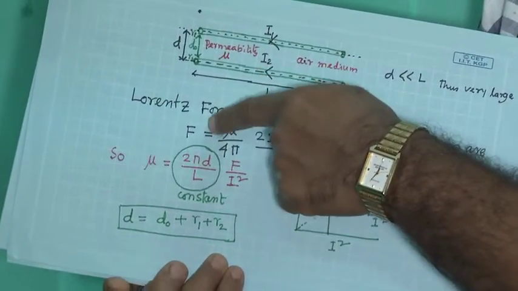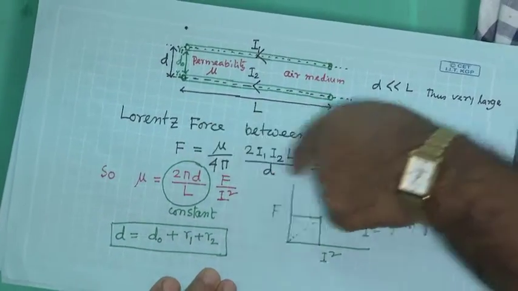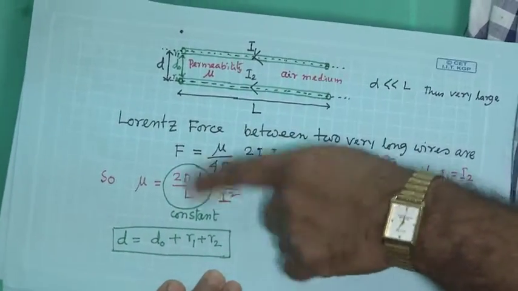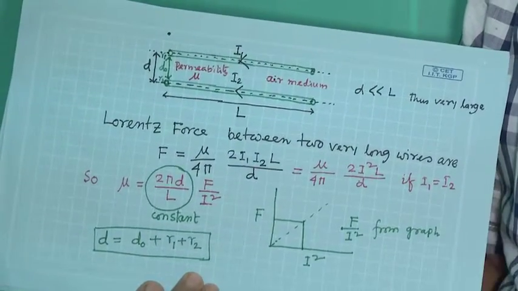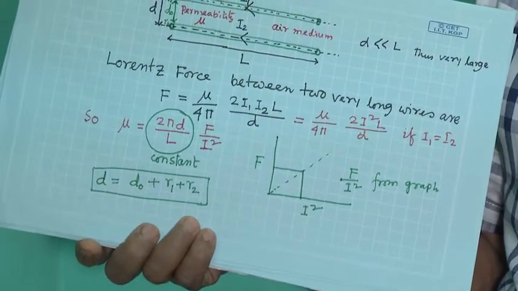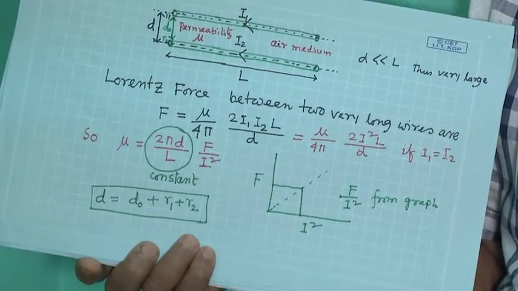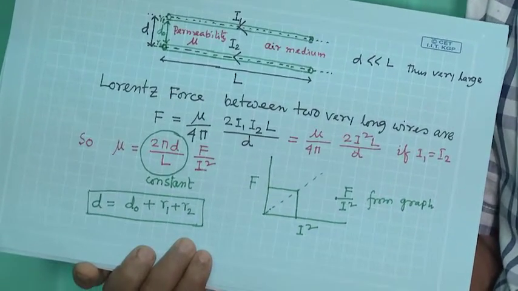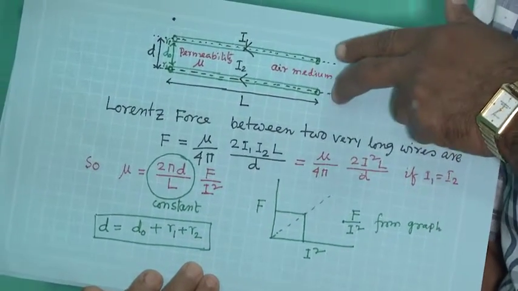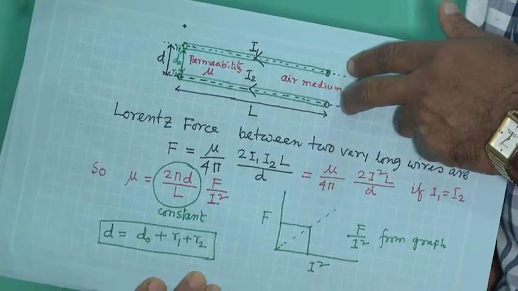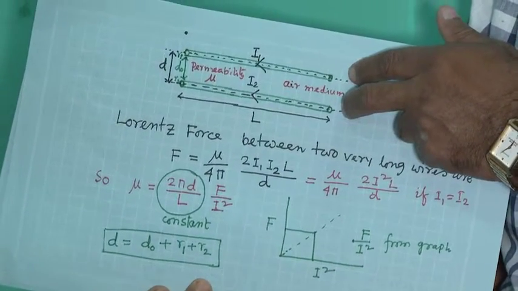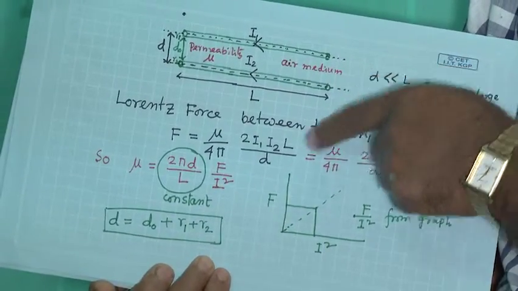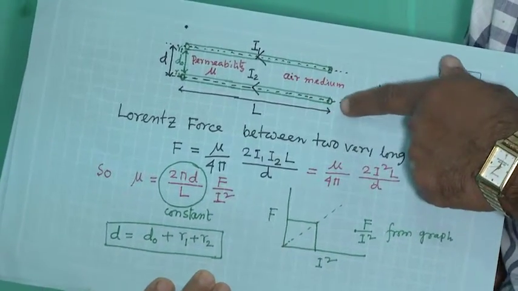F is the Lorentz force. Okay. So, this is basically the working formula for this experiment: mu equal to 2 pi D by L times F by I square. D is the distance between these two wires, and L is the length of the wires.